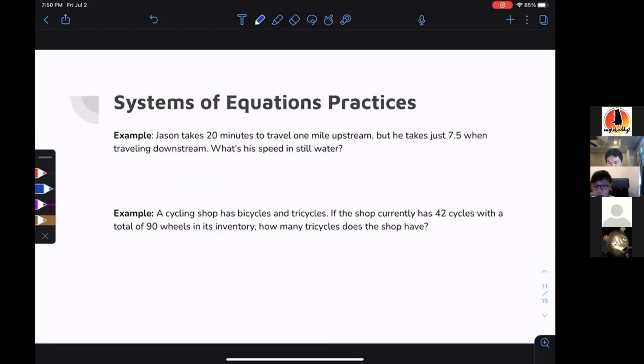So the two equations that you get from these words are 2b plus 3t equals 90 and b plus t equals 42.